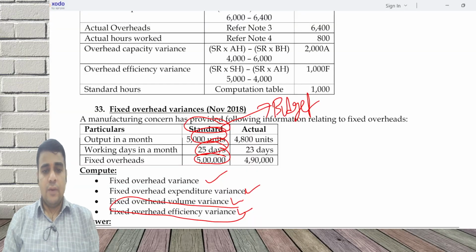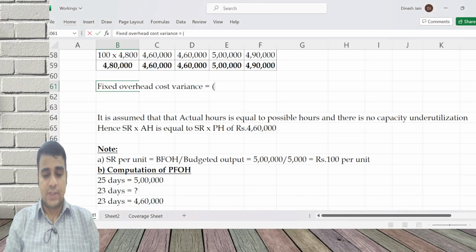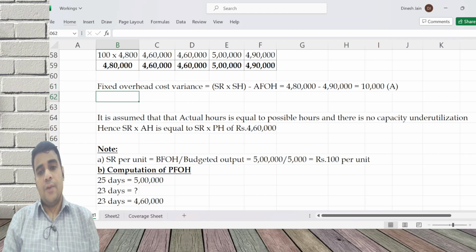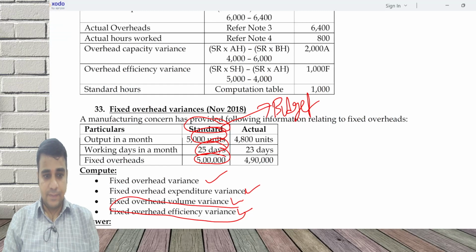It is SR into SH minus AFOH. 4 lakh 80 minus 4 lakh 90. 10,000 adverse.